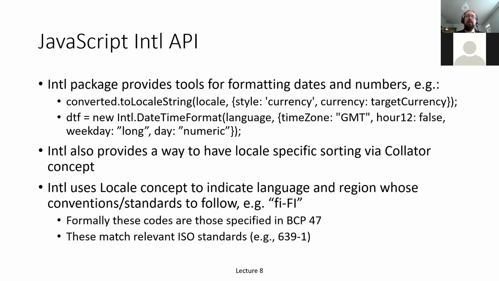And there are these ISO standards like 639 and various numbers, which specify the same things, and these match. They are basically the same definitions available, and those are followed by all the real-life systems that we have today.